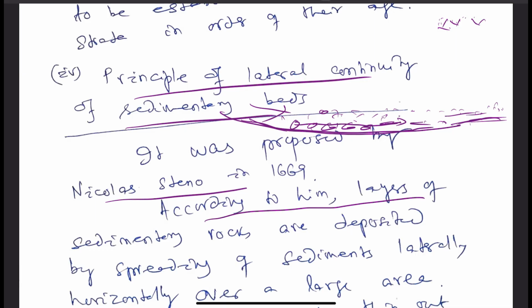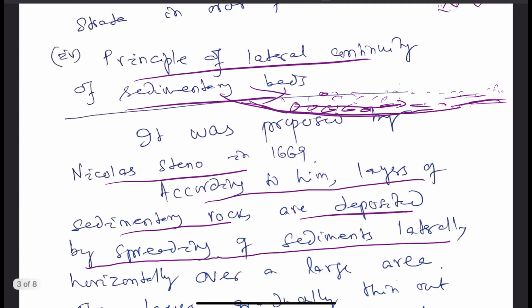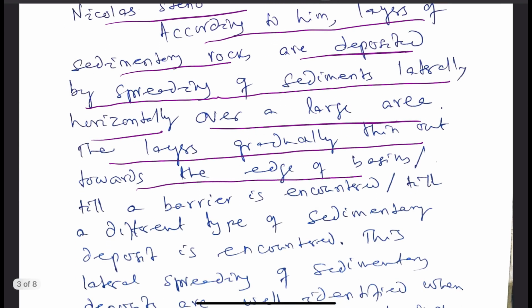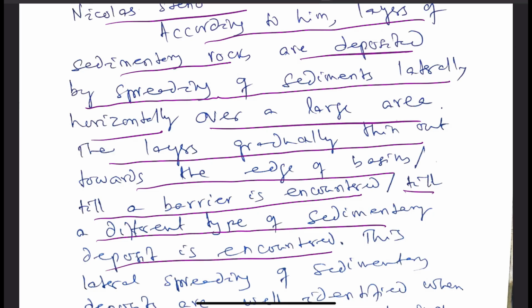According to him, layers of sedimentary rocks are deposited by spreading of sediments laterally, horizontally over a large area, and the layers gradually thin out towards the edge of the basin, or till a barrier is encountered, or till a different type of sedimentary deposit is encountered.